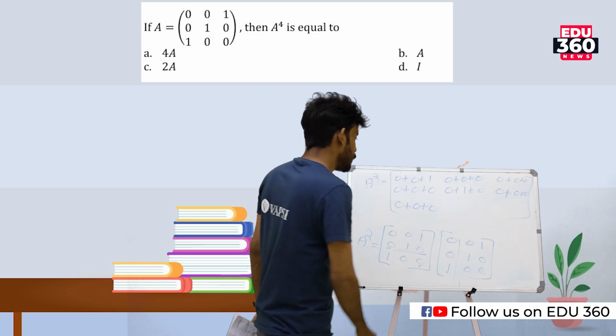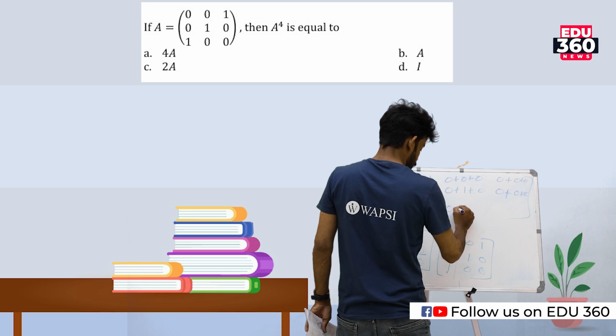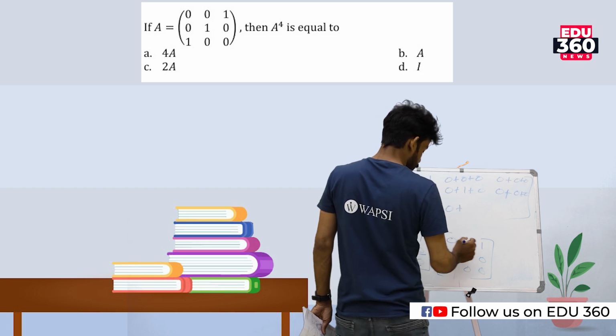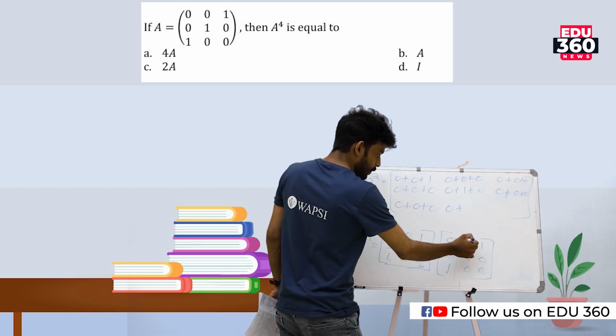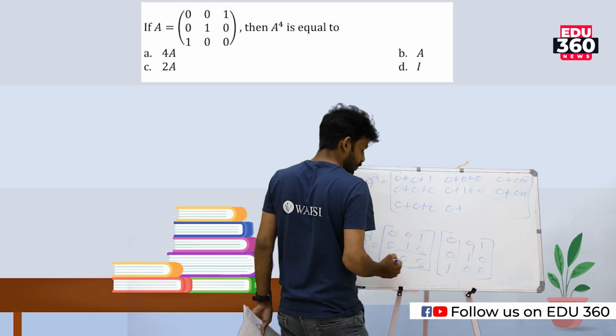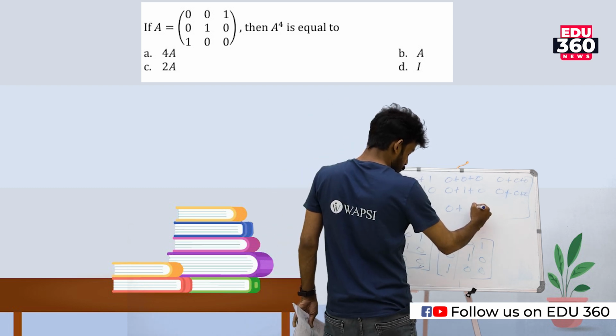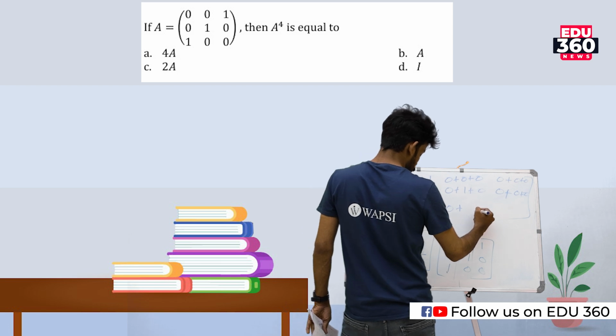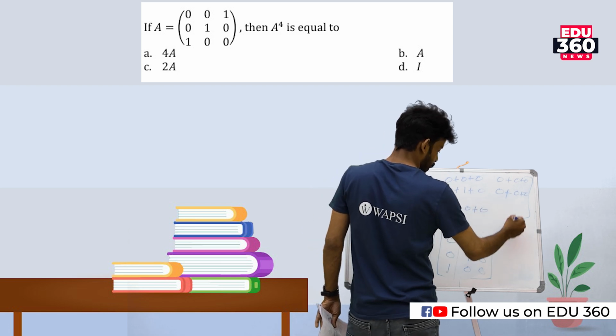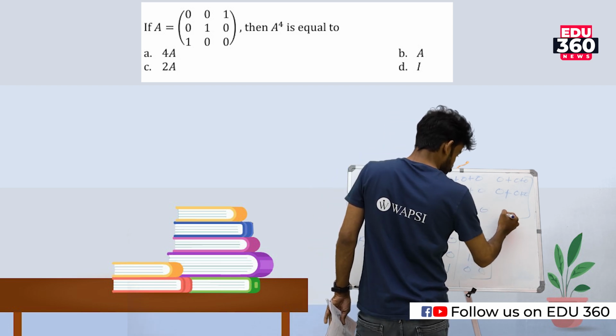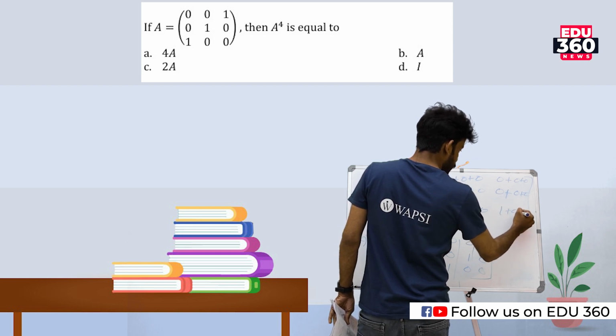Then 0 plus 0 into 1 is 0 plus 0 plus 0. The last one is 1 into 1, 1 plus 0 plus 0.